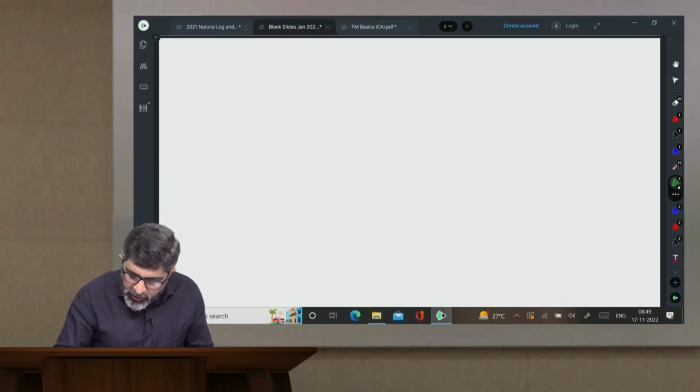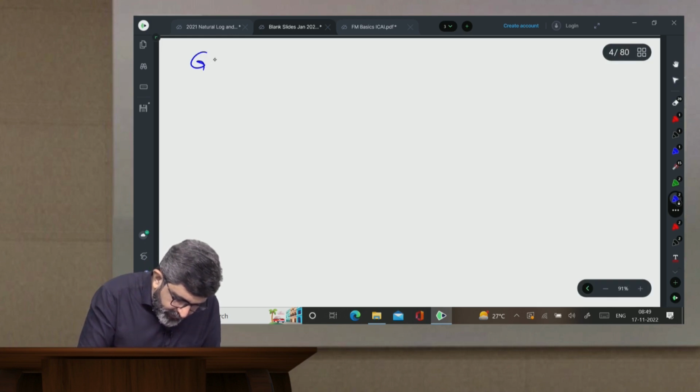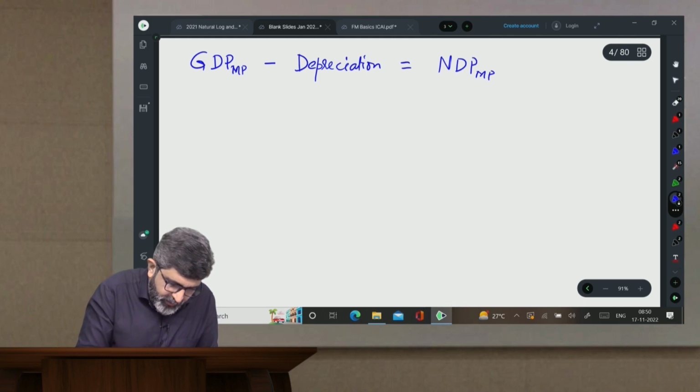So that one equation will be simply GDP at market price minus depreciation will give you NDP at market price.